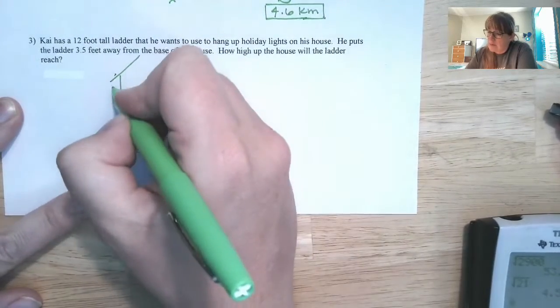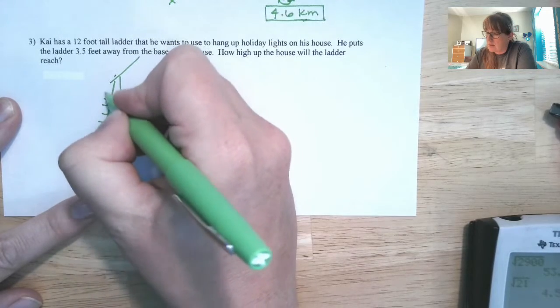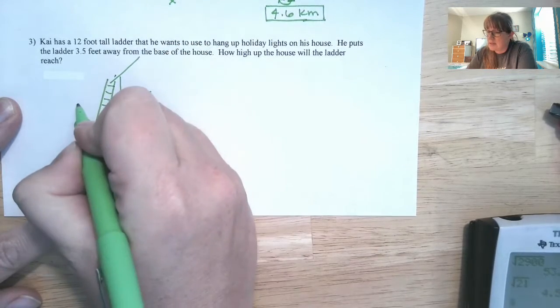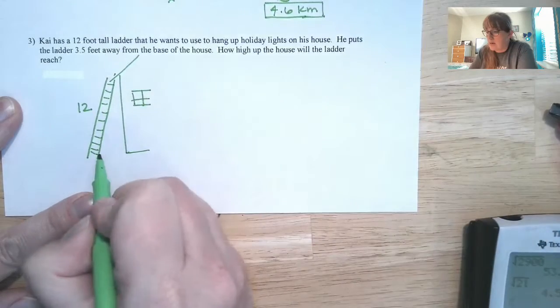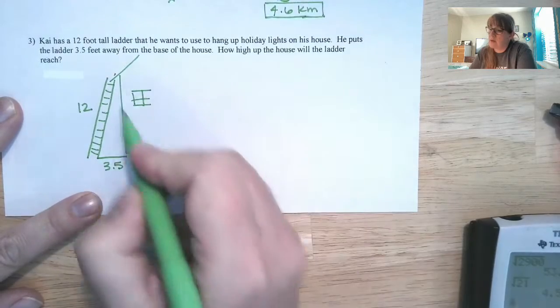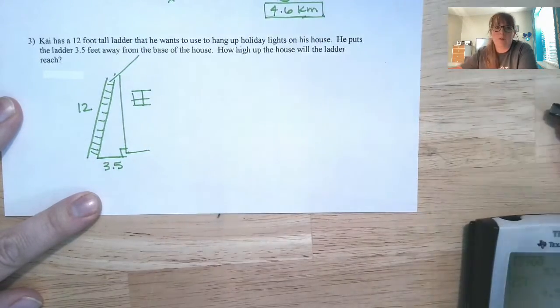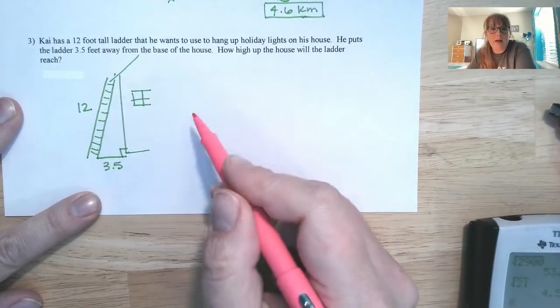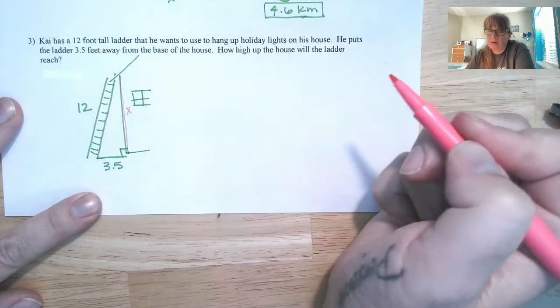Okay, so we have a ladder that is 12 feet. So this distance is a 12-foot ladder. And then we put the ladder, this distance, 3.5 feet away from the house. House, ground, 90 degrees. In a perfect world, right? So we want to know how high up the house, this direction, does the ladder go?